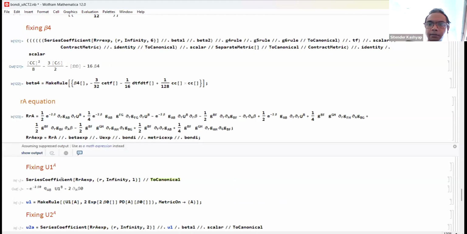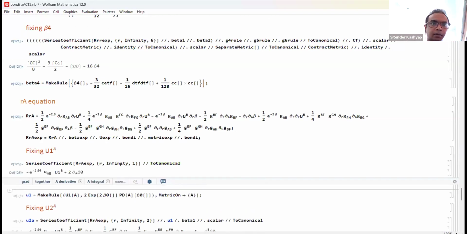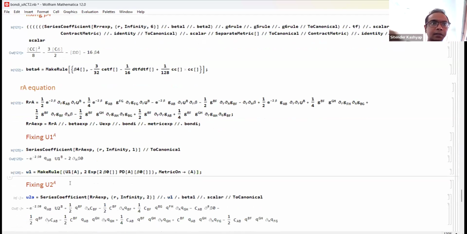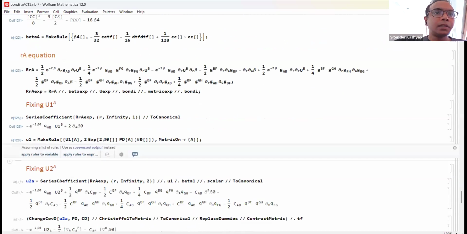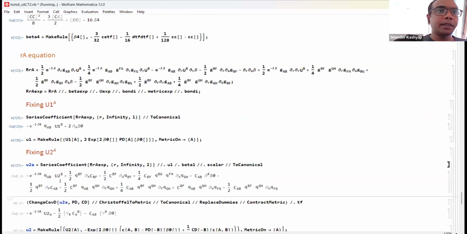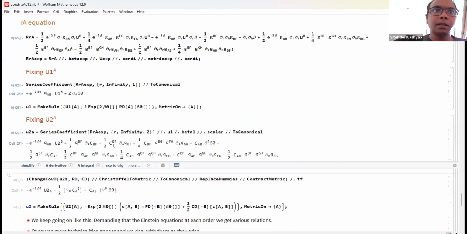So we find that at a particular order, r equal to 1, we get this equation. And this essentially tells us that u1 is essentially equal to del A beta naught times this quantity. Similarly, we go to another order, and we find u2, but this expression is complicated.